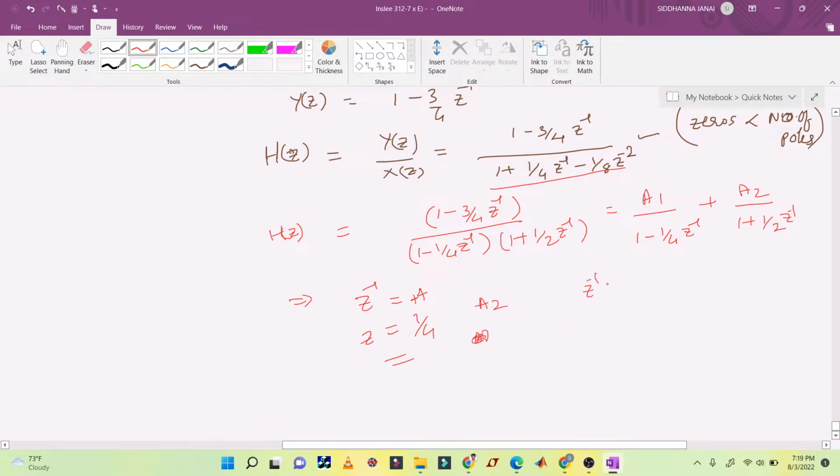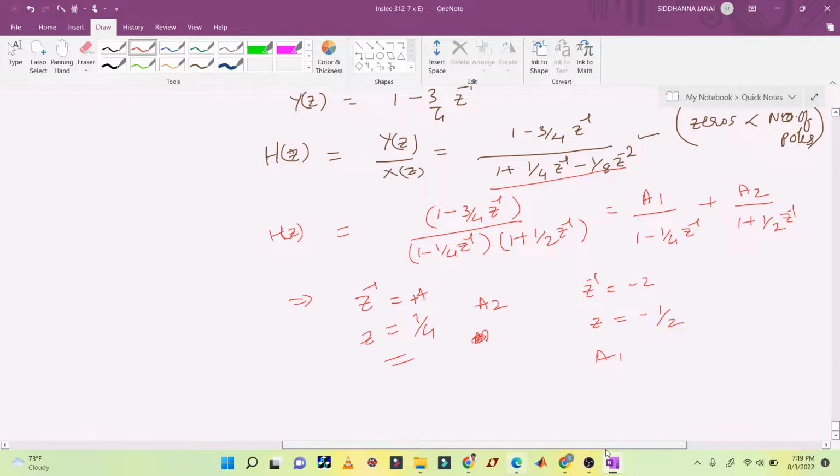Similarly, z inverse equal to minus 2, or z is equal to minus 1 by 2. Using that we'll get a1.